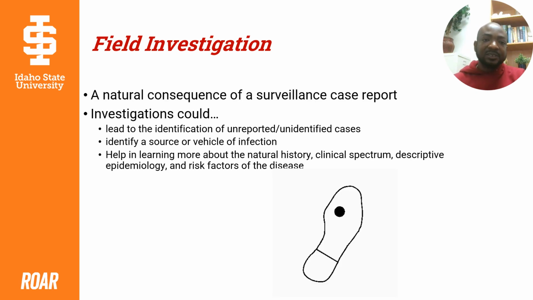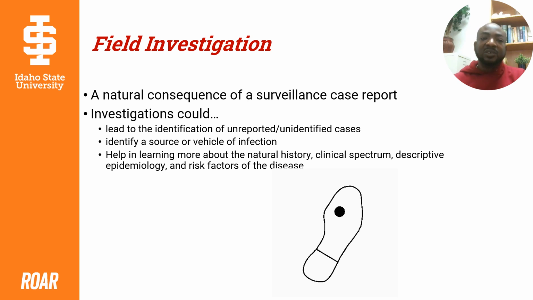Field investigation is another core function. As we have said, surveillance provides information for action. One of the first actions that results from a surveillance case report or a report of a cluster is investigation by the public health department.